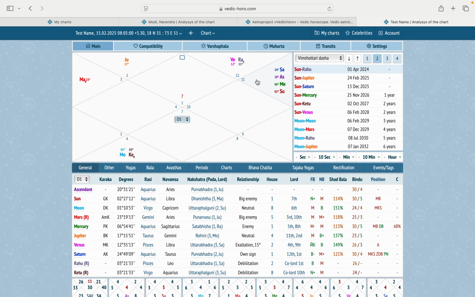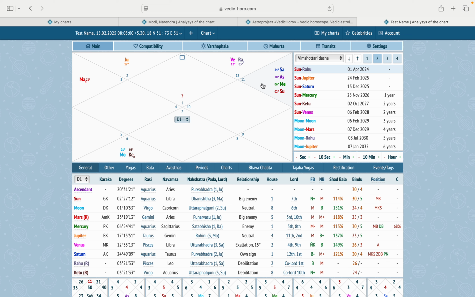So each house has a life associated with it, that is the individual's part of the body, and a life of some other individual is associated with it, which means, let's assume your birth chart has a very strong 11th house. Typically, your elder sibling will benefit a lot after your birth. And this potential will on the surface seem wasted if you do not have an elder sibling.